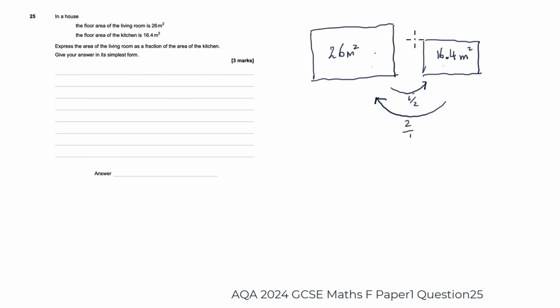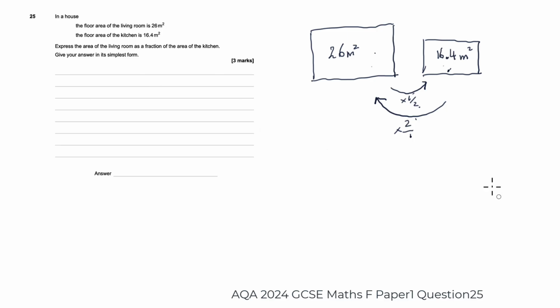The living room would be twice the size of the kitchen. If the kitchen's a half of the living room, the living room is twice the size of the kitchen. The larger number is on top in this case because this is larger than that. The living room's larger than the kitchen. So we're asked to express the living room as a fraction of the kitchen. We're going to have to put the larger number on top.